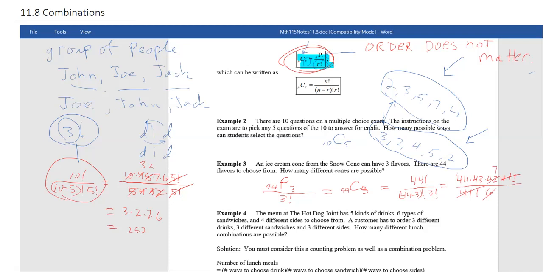It's 44 times 43 times 7. So I'm coming up with 13,244. It's still a heck of a lot of ways to create a 3-flavored ice cream cone, but it's not 44 permuted 3 at a time. It's nowhere near that number.